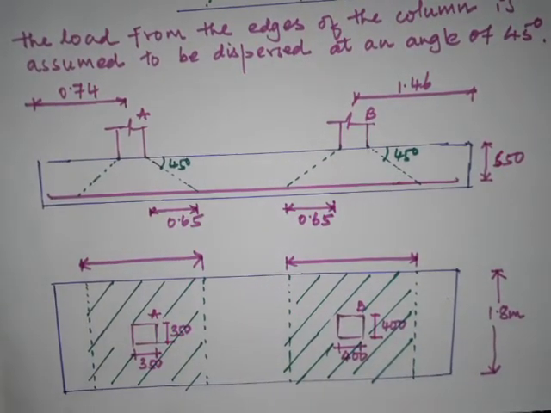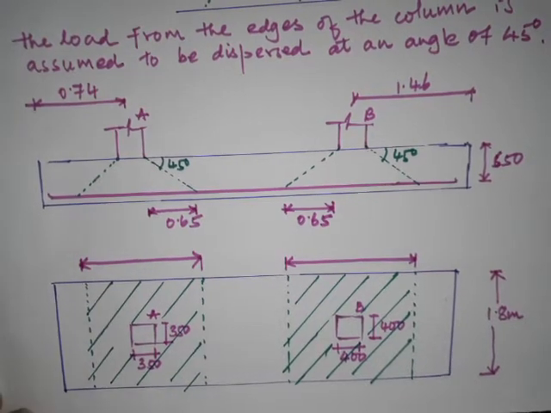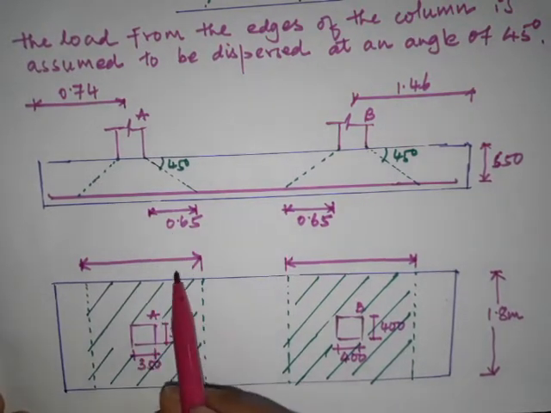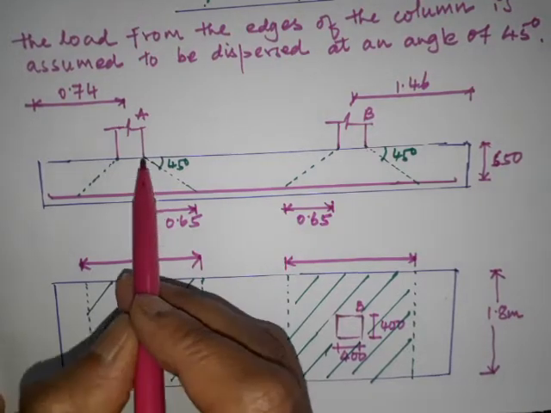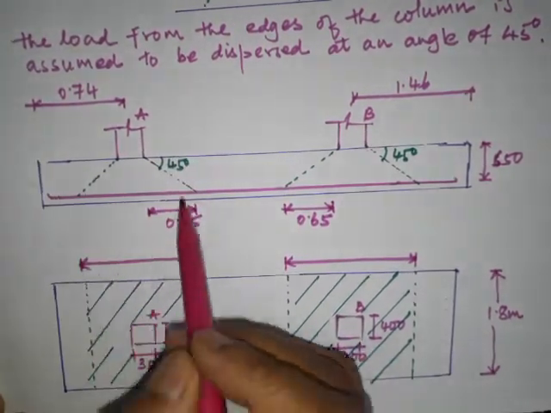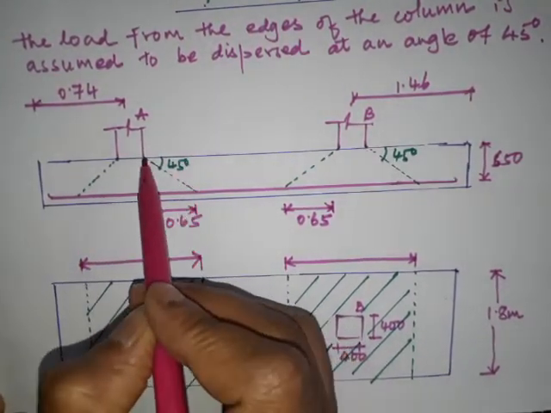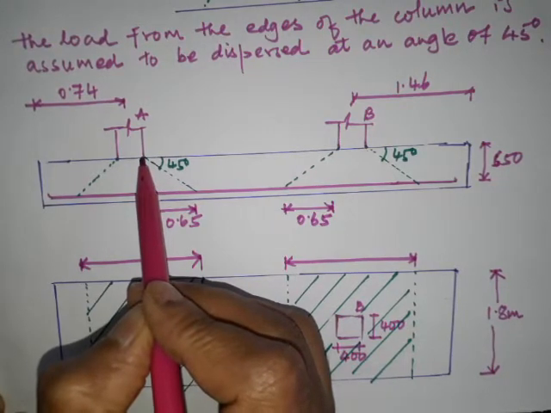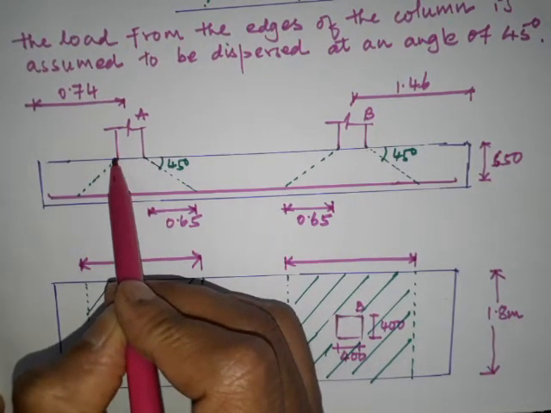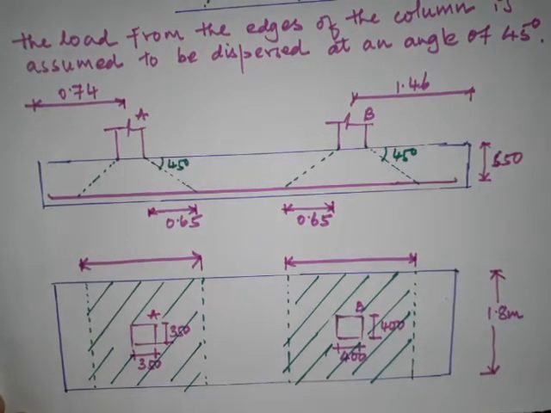So now, what should be the width of the strip? So 0.65 under column A, if you want to check under column A, it is 0.65 plus 0.35 plus 0.65, correct.